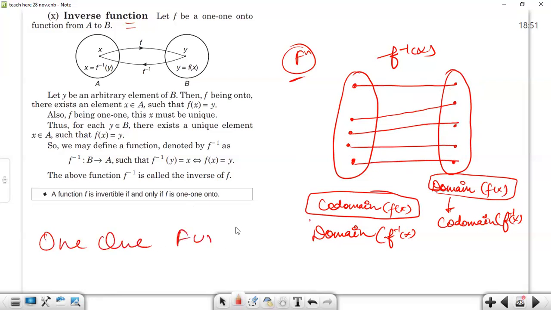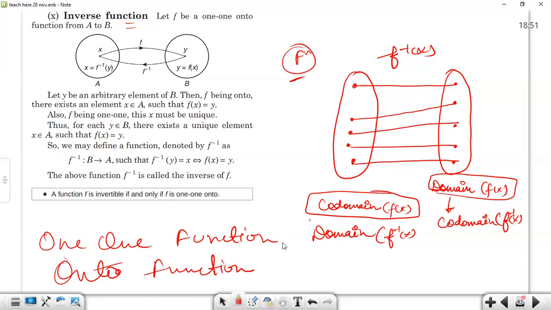So the function has to be 1-1 for its inverse to exist. And also all the elements of the codomain of f of x are now the elements of the domain of f inverse of x. So that's why they have to be completely mapped. If they are getting completely mapped, now the codomain is equal to the range. That's why the function is an onto function.